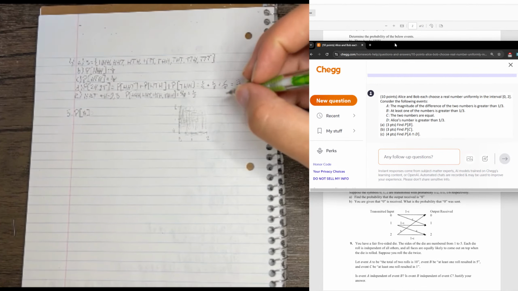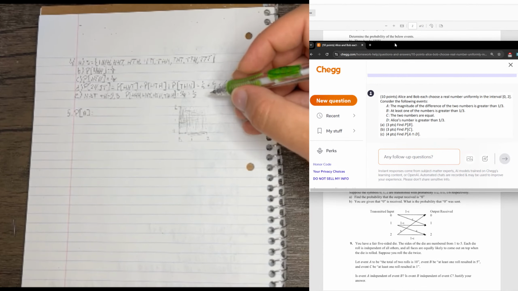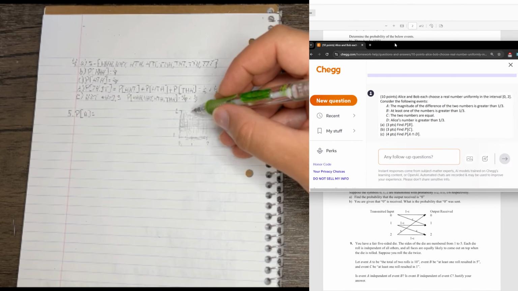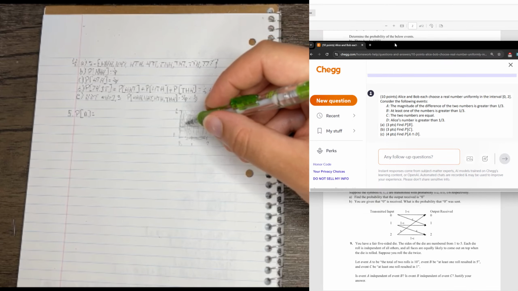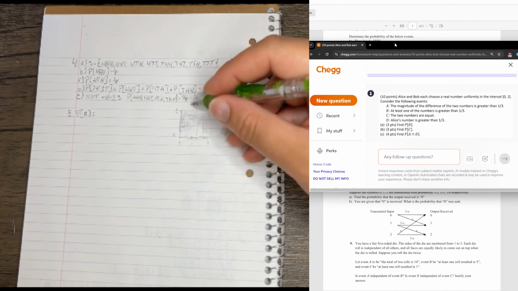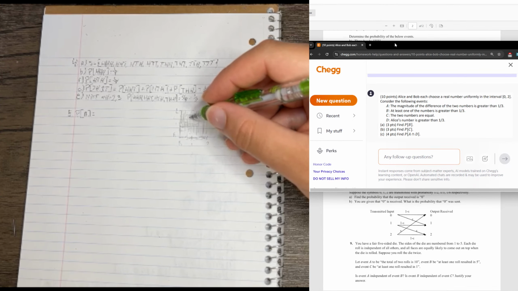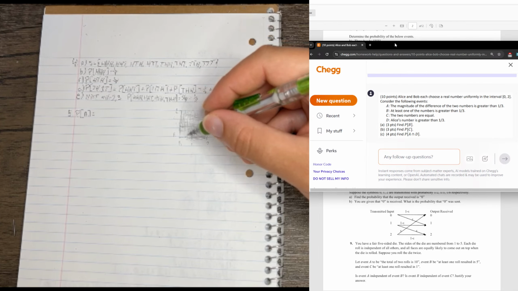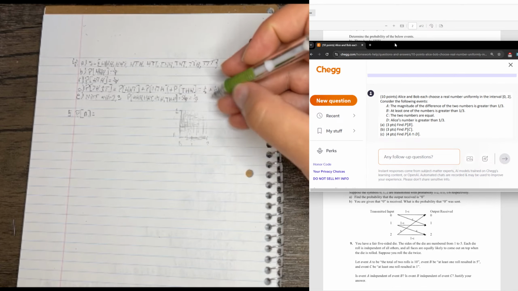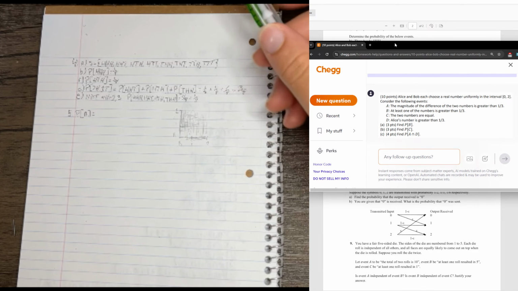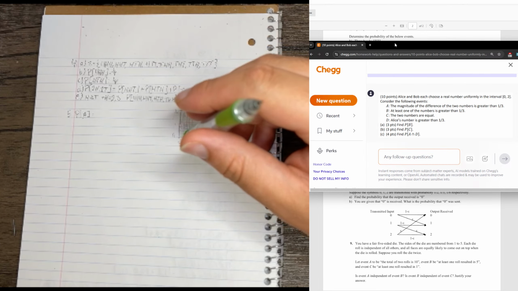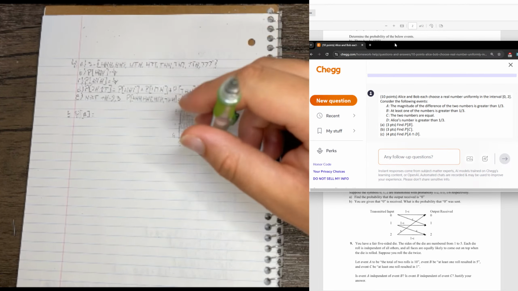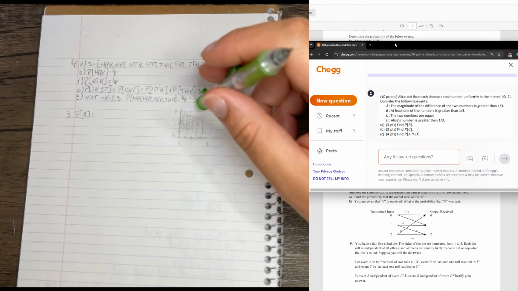So for B, at least one of them is greater than 1/3. I'm pretty sure this is how you would start it. You have the area of those two, minus the union of those, so it only counts it once. So what is that? 1/3 minus 2 minus 1/3 multiplied by 2.